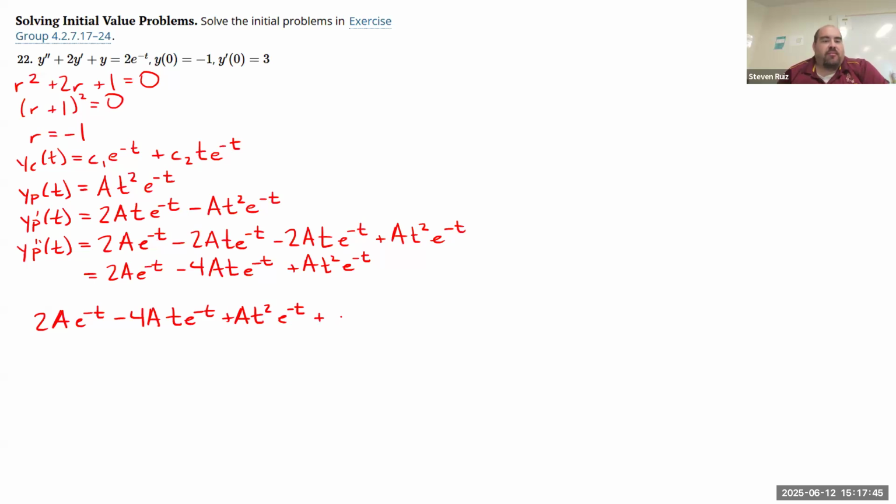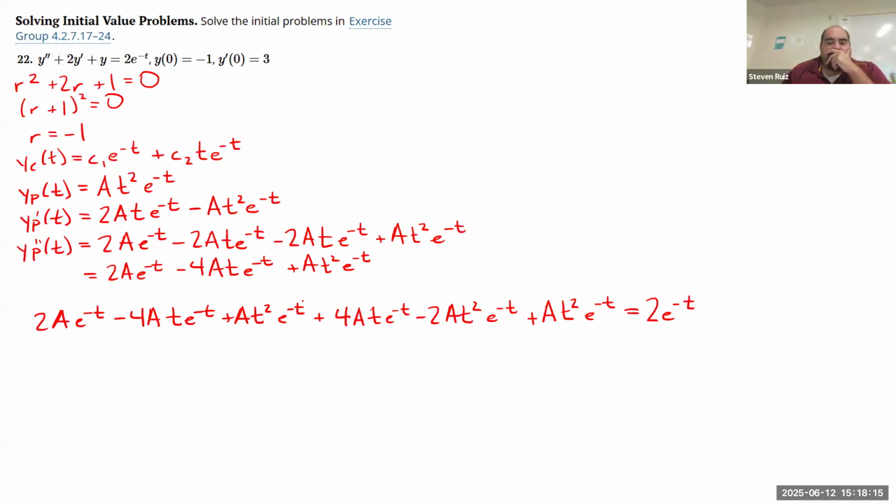So plus 4at e to the negative t minus 2at squared e to the negative t plus y, which is plus a t squared e to the negative t. All that stuff equals what? Equals 2e to the negative t.